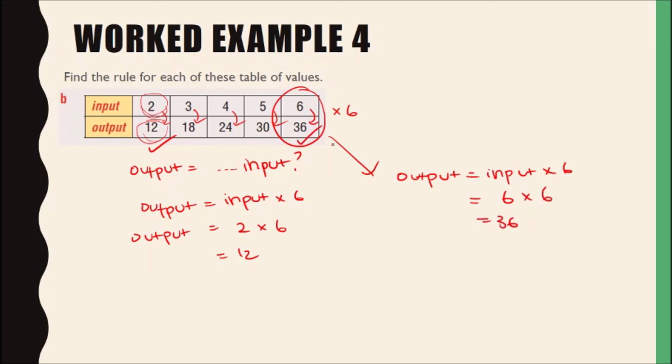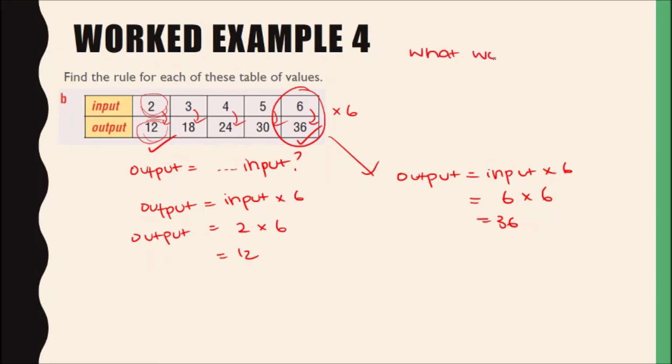And so sometimes when you have a table of values and a rule that you've discovered, the question might ask you to find what the output would be if the input was, let's say, 10. So let's write that down.